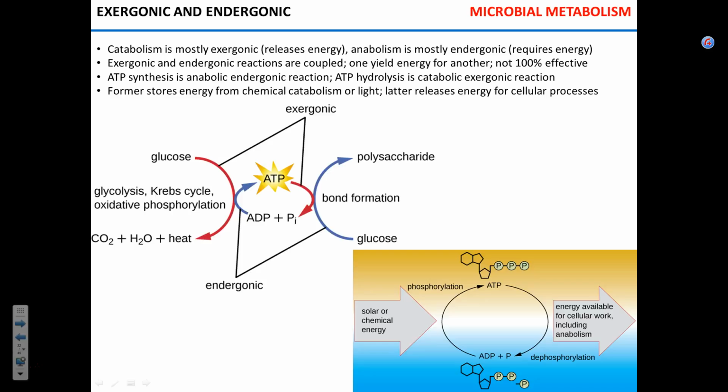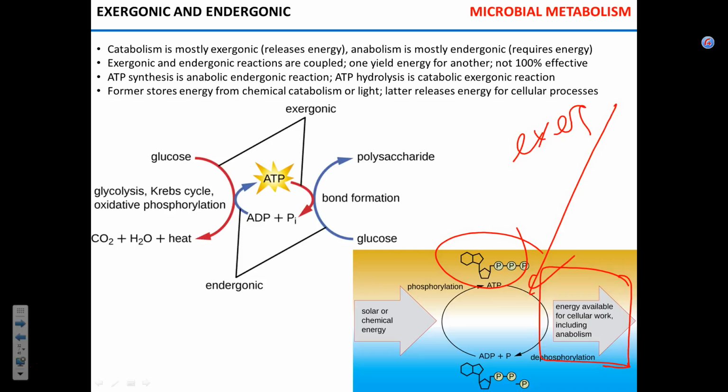Now that release of energy during ATP breakdown, you see here? Energy is released. This is called an exergonic reaction. Erg means energy, and ex, remember, means out, like exit.